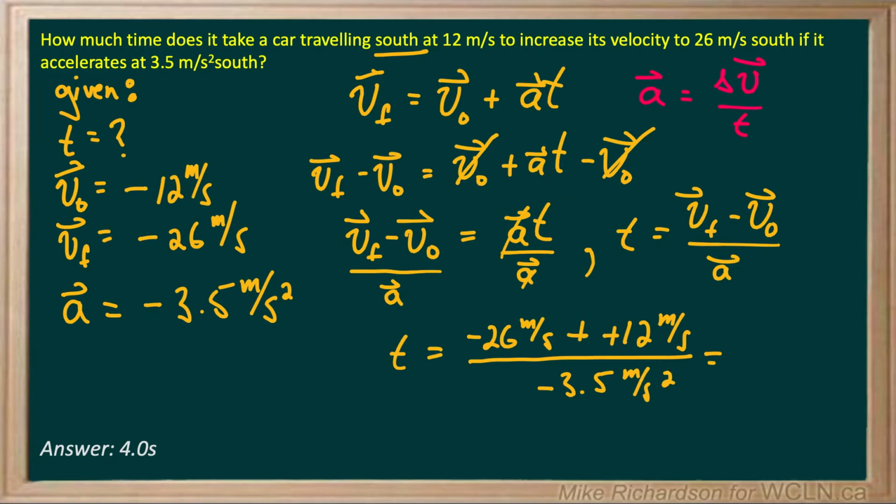Negative 26 plus 12 is negative 14 meters per second, that's the top, divided by negative 3.5 meters per second squared. And at the end of the day, I'm left with a time of 4.0 seconds.